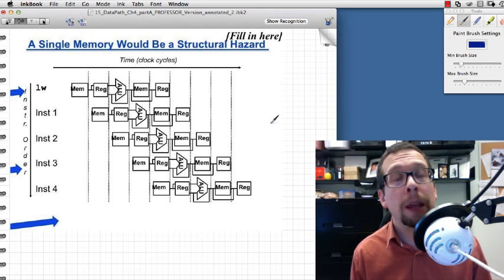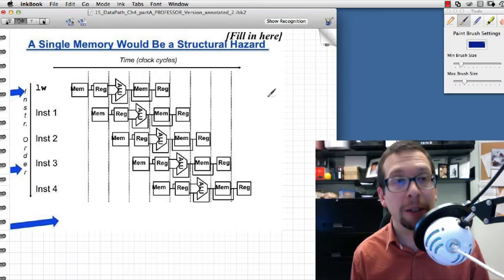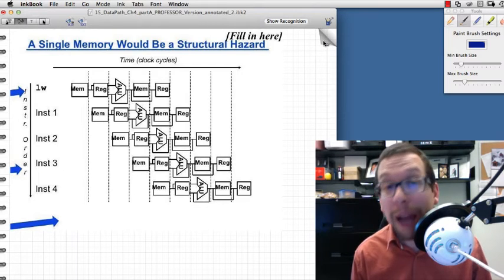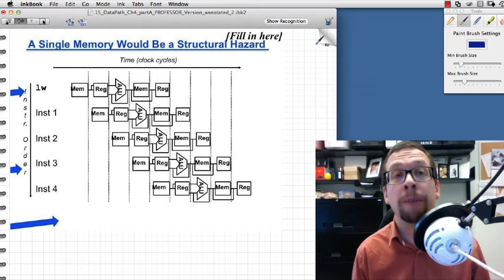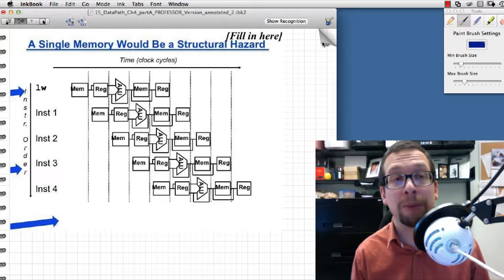So one example of a potential hazard would be a single memory where you read and write, and this is the memory outside of the register file. If you had one of those, it would lead to structural hazards because you would potentially want to read and write from that same piece of memory, or that same memory chip or section of memory, at the same time.